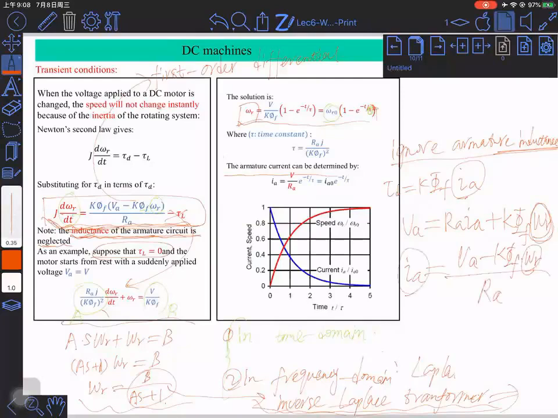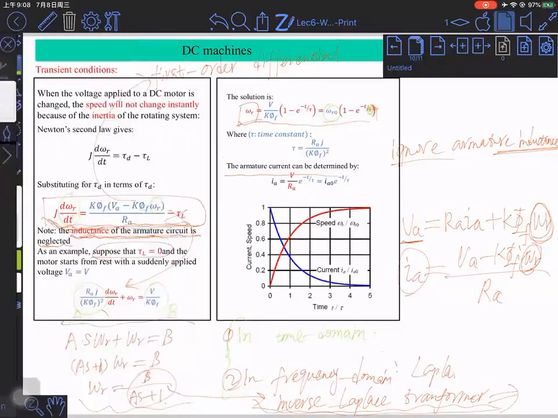Sorry, you don't need to use the torque. Instead, you need to use Kirchhoff's voltage law, using VA subtracting K phi times omega R, where omega R you already obtained from here. Substitute it into the equation, divided by RA, and you get the expression of IA.